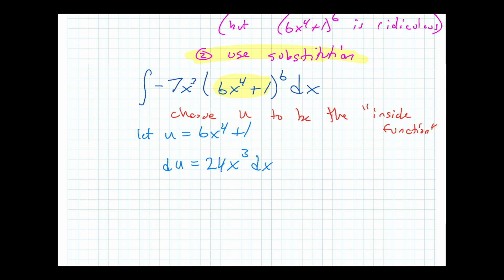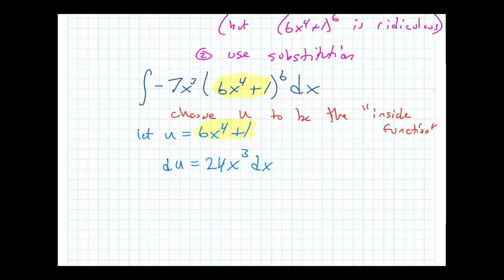Okay? So for substitution, you do a derivative in the middle of your integral. It's easy to get mixed up between antiderivatives and derivatives, but this was a derivative here. Okay? So what I see here is, let me just get rid of that. This 6x to the fourth plus 1, we know that is u, right? So we know what this is.